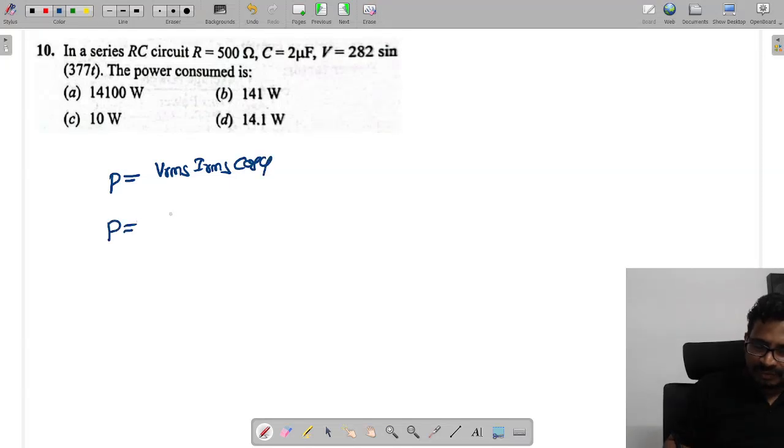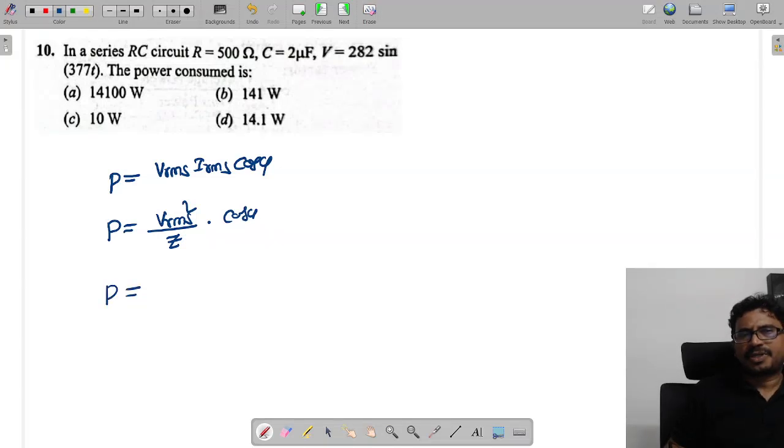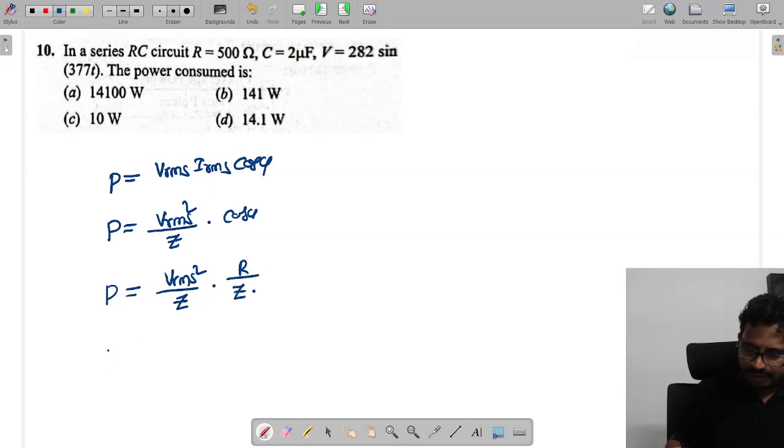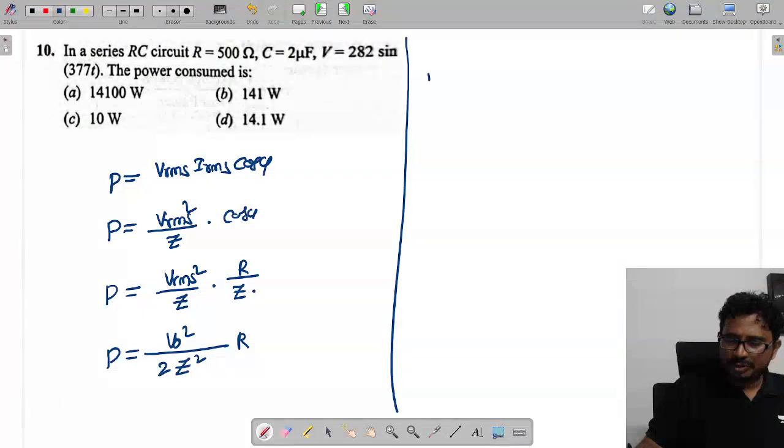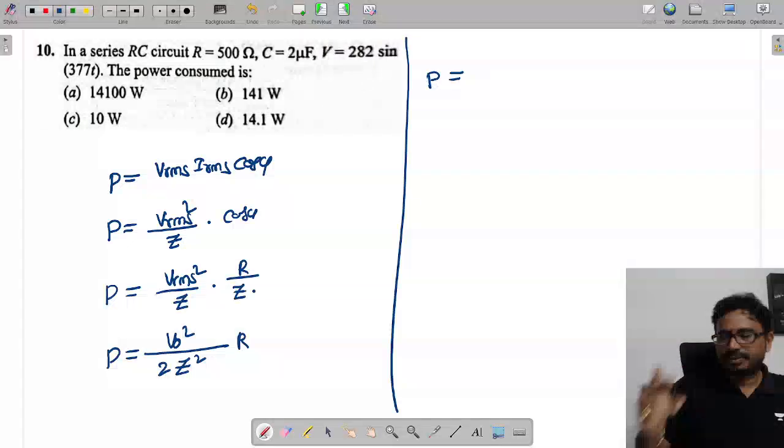So we can write this as VRMS square by Z into cos phi, where cos phi is equal to R by Z. That is V0 square by 2Z square into R. So how much does this power P become?